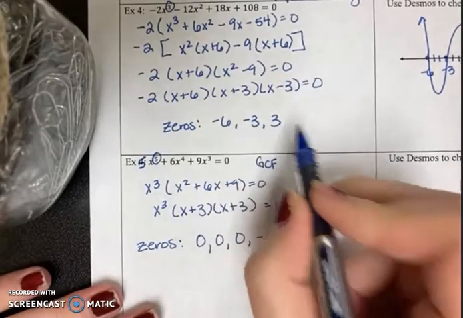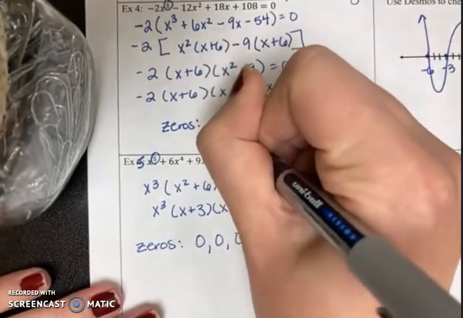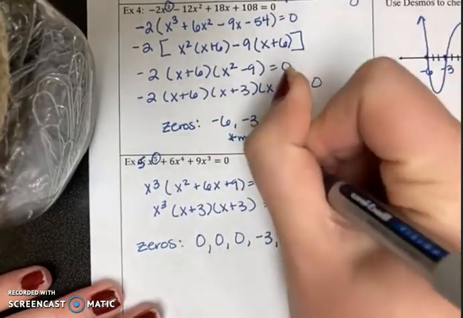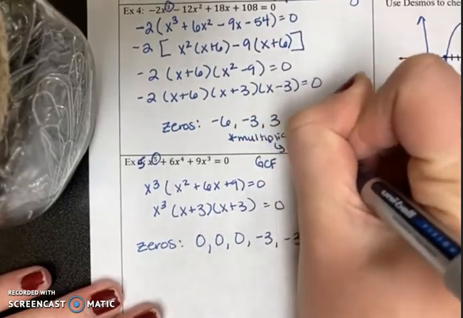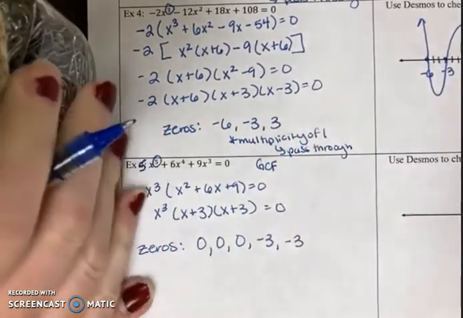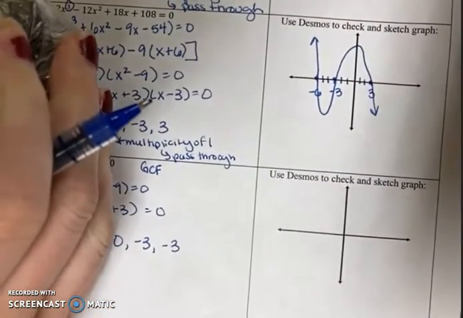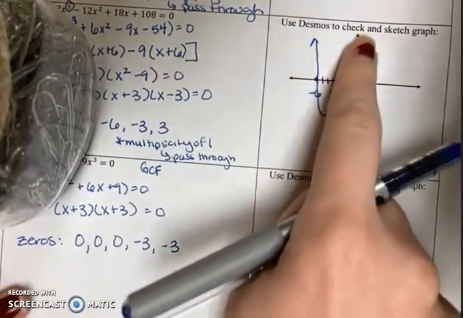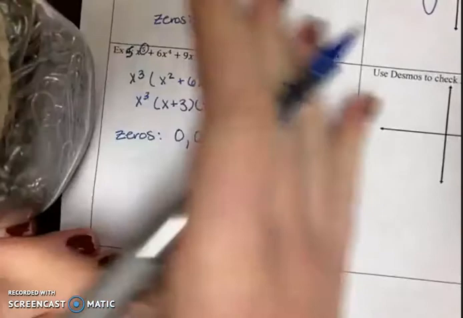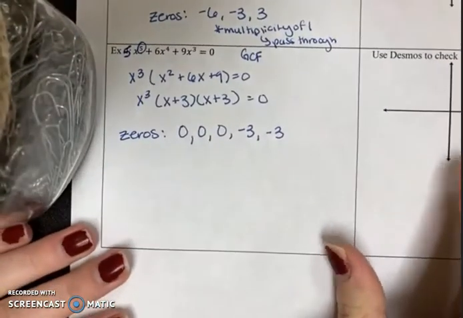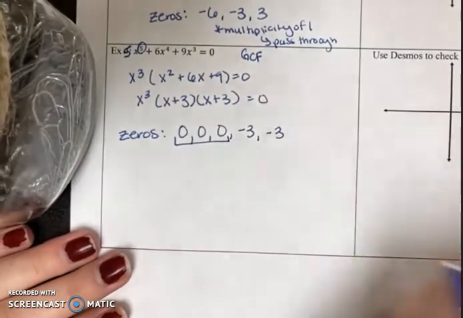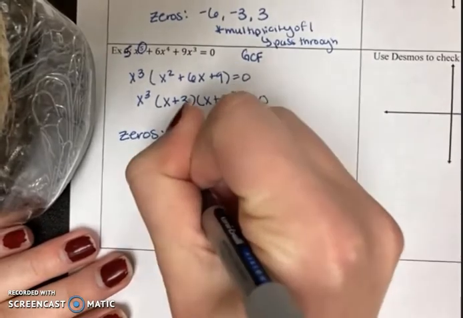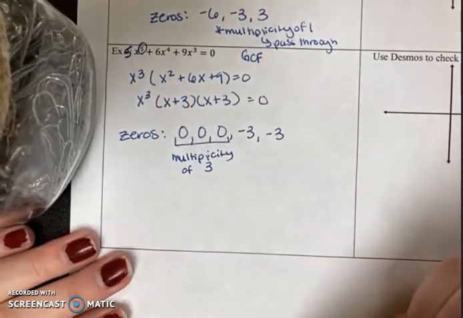Because each of these were only written once, it has a multiplicity of 1, and because that's odd, it's just going to pass through, which is what we did see when we drew our rough sketch. Each of the x-intercepts have the graphs passing through it. However, in example 5, we have 0 listed 3 times, so it has a multiplicity of 3, which is an odd number.